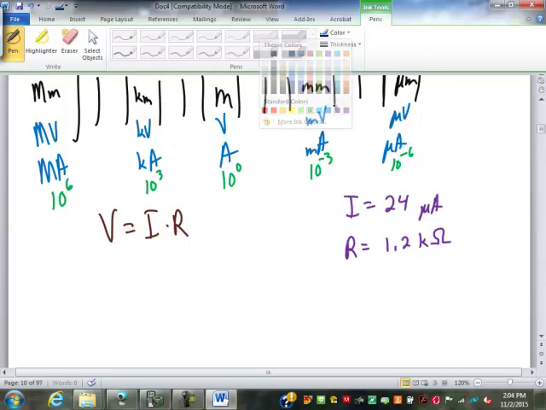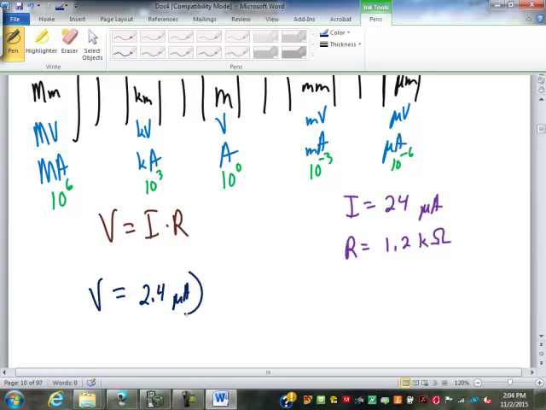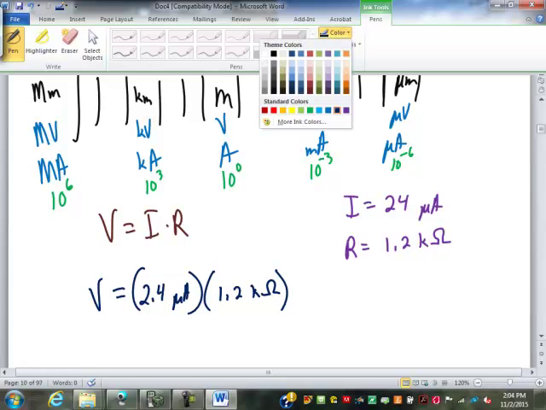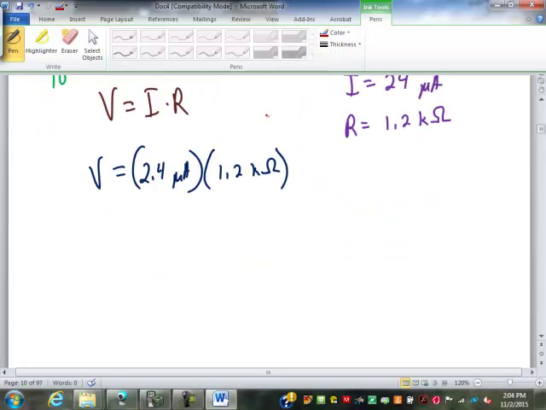So when we're looking at this here, the current goes in as 2.4 microamps times resistance of 1.2 kiloohms. We can rewrite that. Micro 2.4 can become 10 to the negative 6 amps. Kilo 1.2 times kilo is going to be 10 to the 3rd ohms.